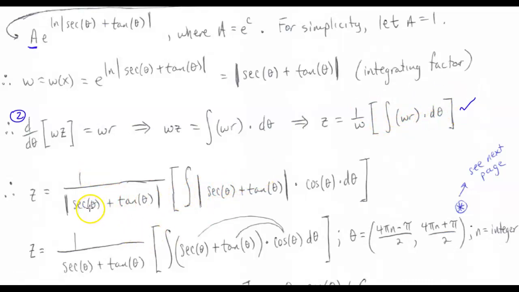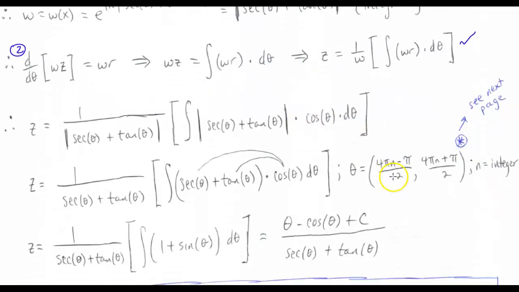So of course, our integrating factor is the absolute value of secant plus tangent. R is going to be cosine theta. And here in this next step, notice that I drop the absolute values going from this step to this step. I do it because I want to know specifically what values of theta will allow this to happen.